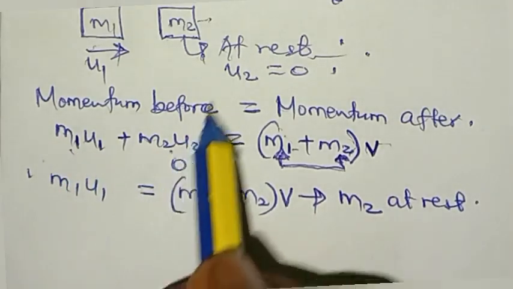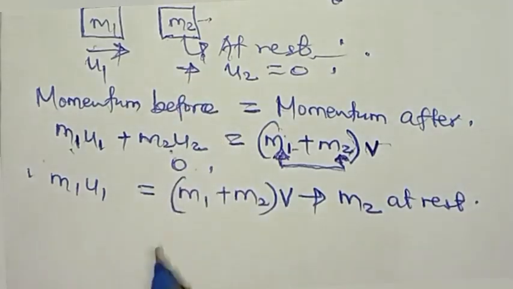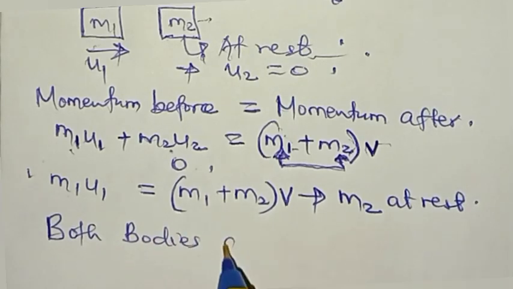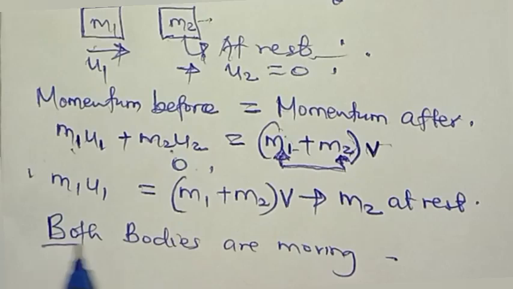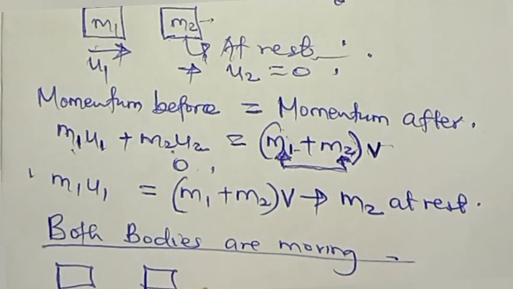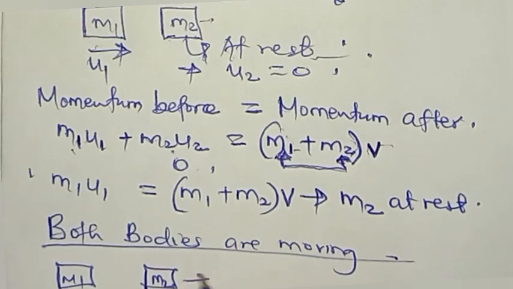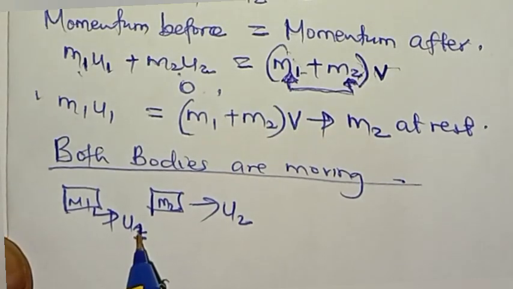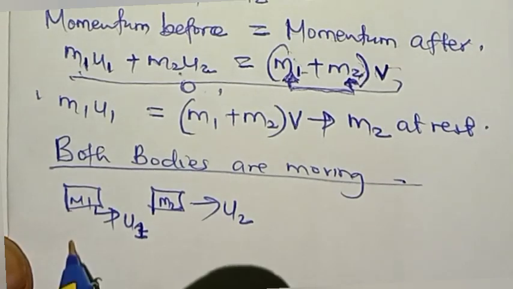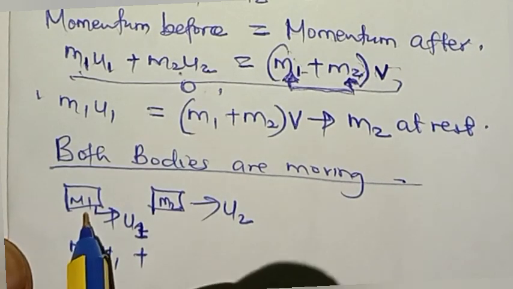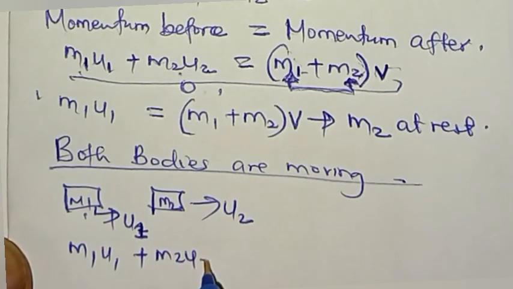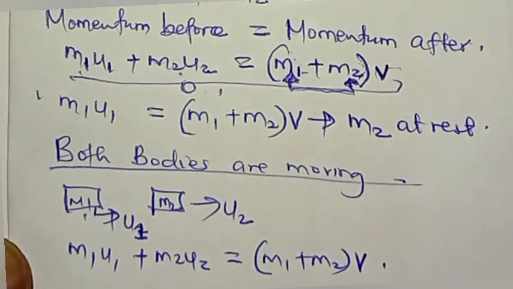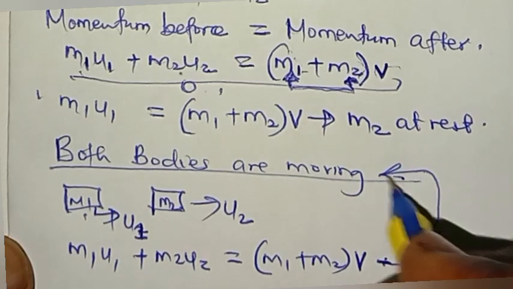But when m2 was also moving, a condition where both bodies are moving, meaning m1 is moving with a velocity u1 and m2 is also moving with a velocity u2, in this case the formula will remain: the momentum of the body of mass m1 plus the momentum of the body of mass m2 will be m1 plus m2 multiplied by v. Here the condition is both bodies are moving.